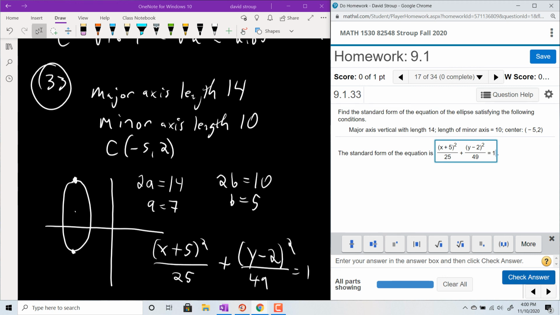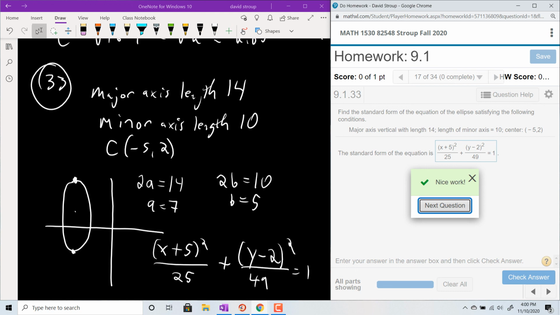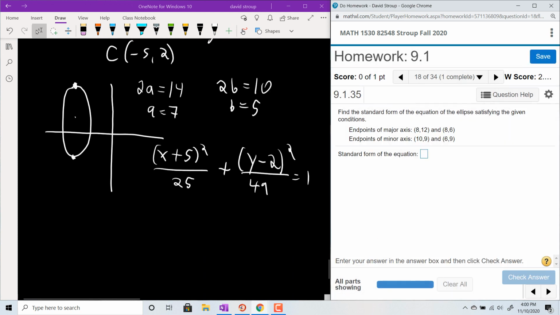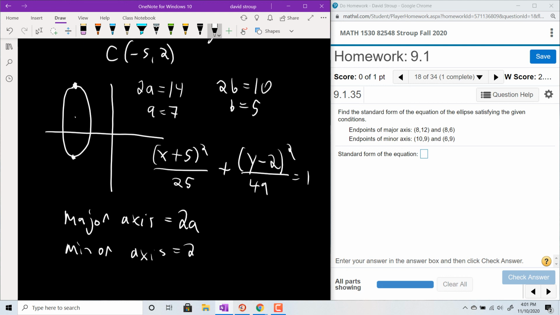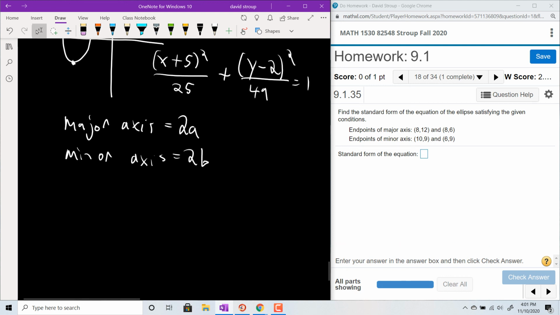Check answer. Yay. All right, so the major axis is always going to be 2 times A, and the minor axis is always going to be 2 times B. The moral of that story.